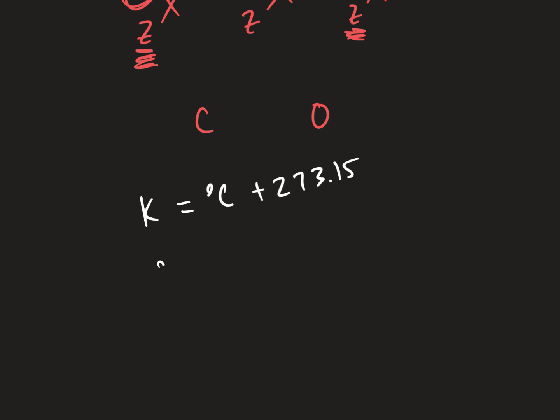And if you're looking for degrees Celsius, then it's this, right? You have to memorize both of them? No. You could just subtract this from both sides and you get this one, right? Are we okay with that?